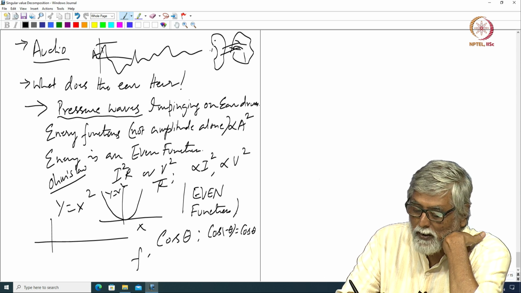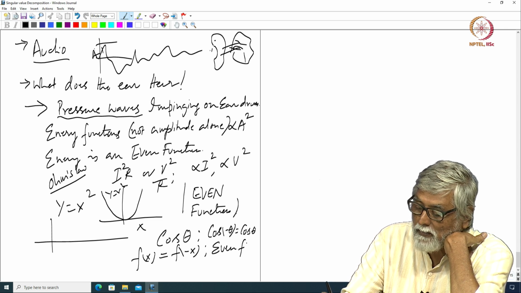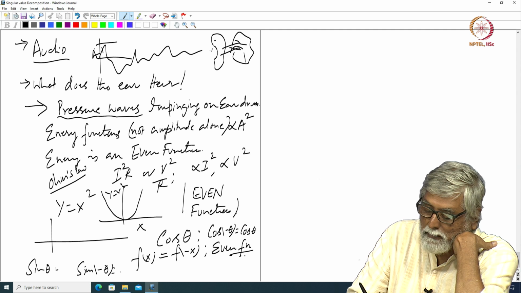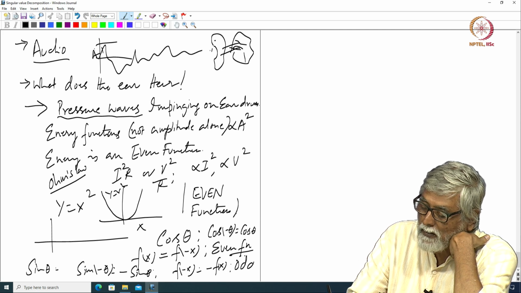So f of x is equivalent to f of minus x, even function. Whereas, look at sin theta. Sine of minus theta is minus sin theta. So f of minus x is minus f of x, odd function.